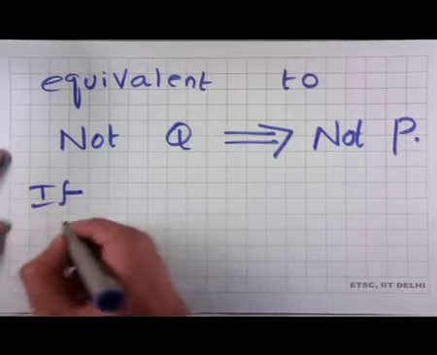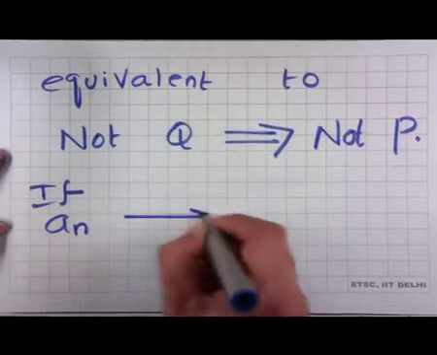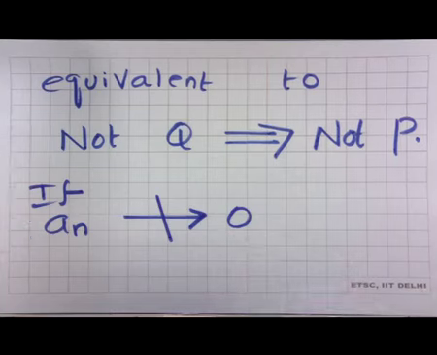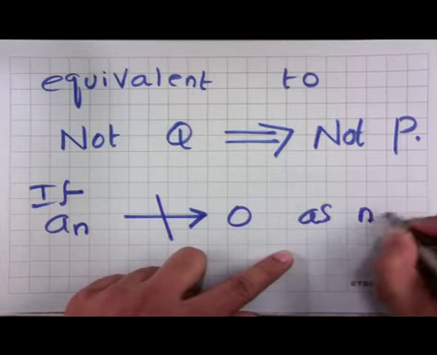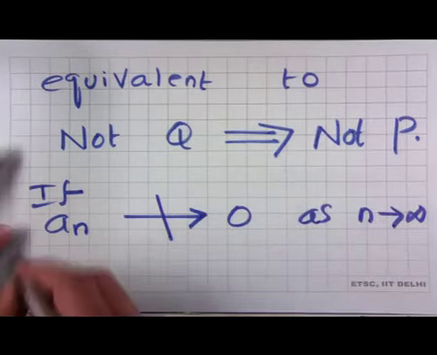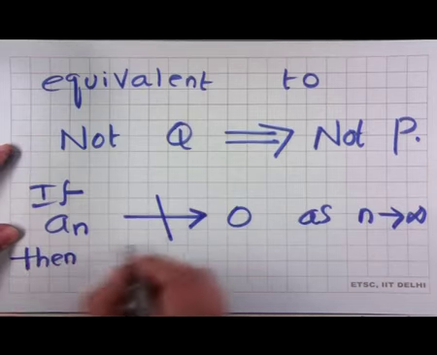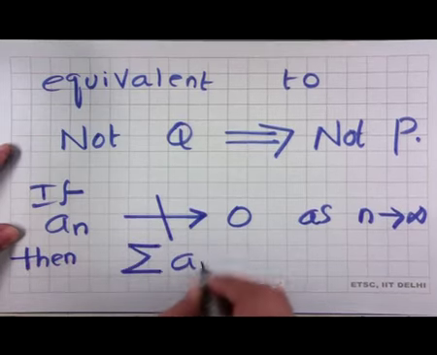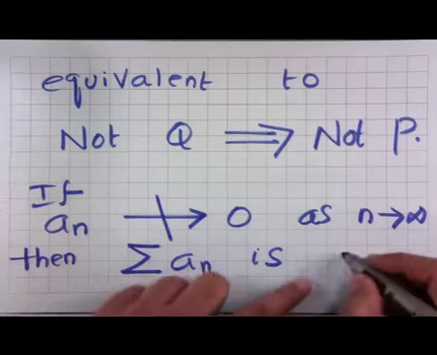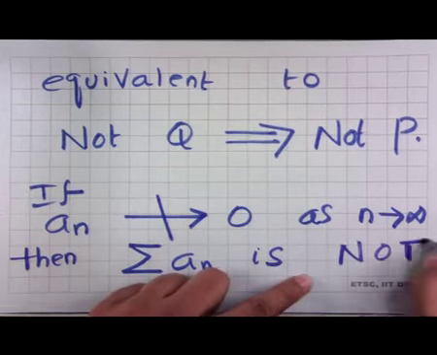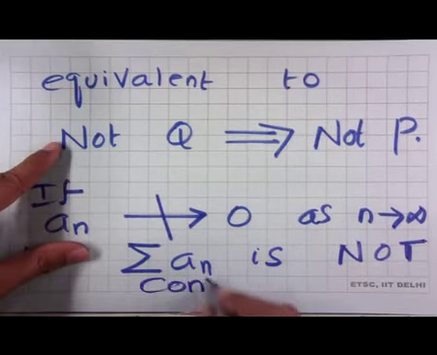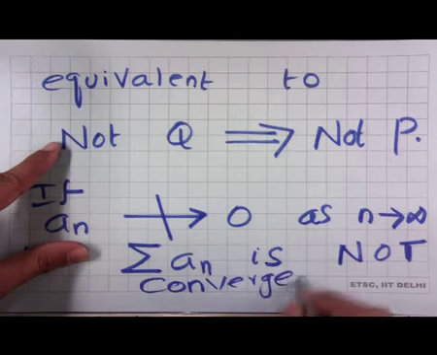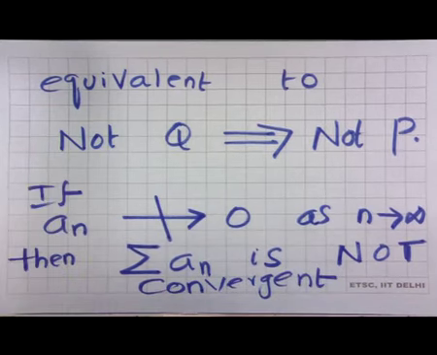If an does not come close to 0 as n tends to infinity, then summation an is not convergent. In other words, that summation cannot represent a finite value. It is not summable.